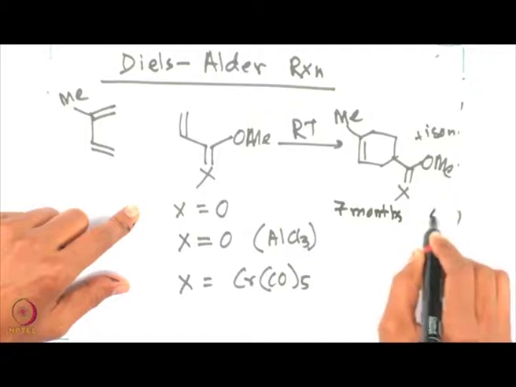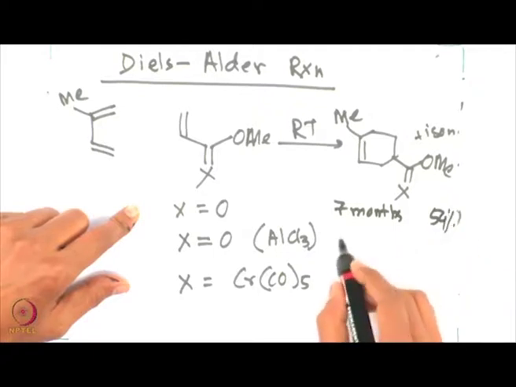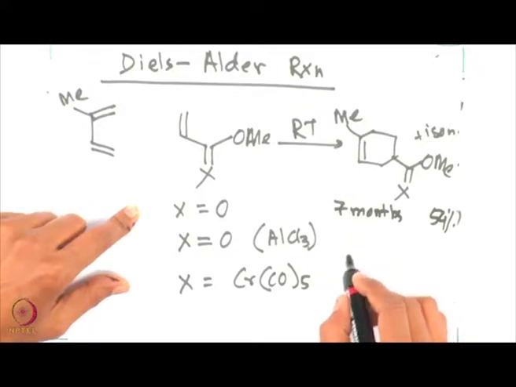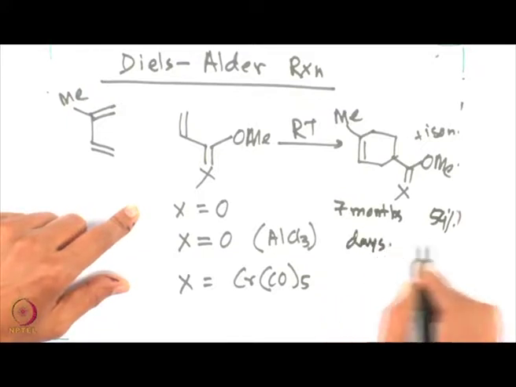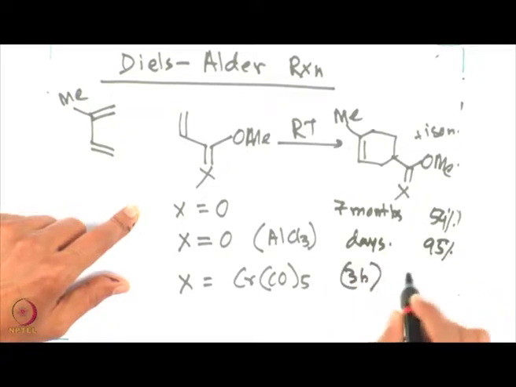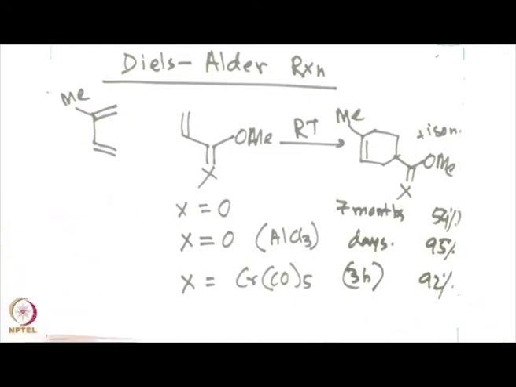That tells a lot about the utility of this Fischer carbene reaction, how reactive they are compared to your traditional organic reagent. Okay, let us look at the yield of this reaction. This takes 7 months, gives 54% yield. This takes nearly days, I guess, days. It gives 95% yield. If this takes 3 hours, it gives 92%.